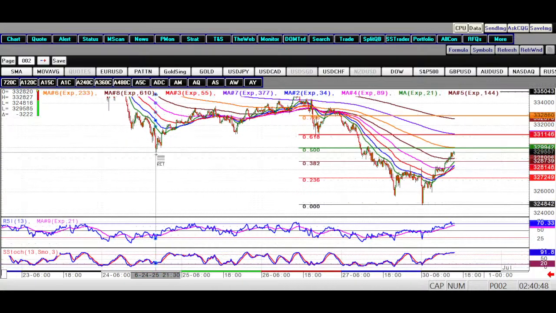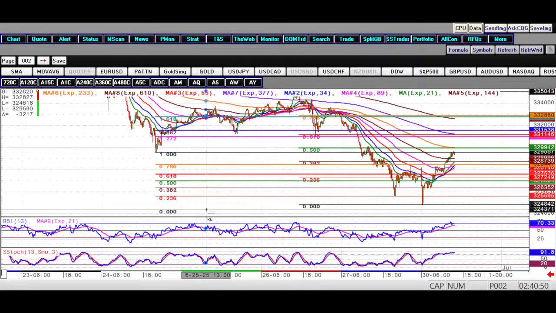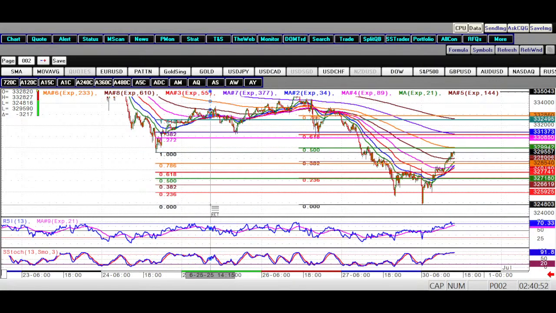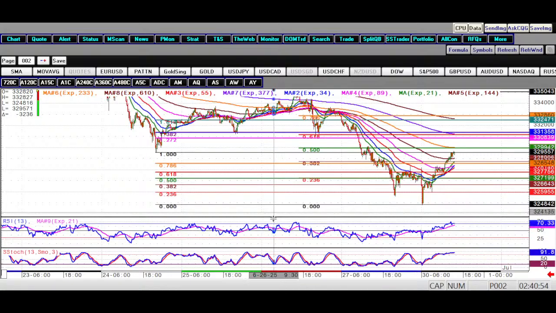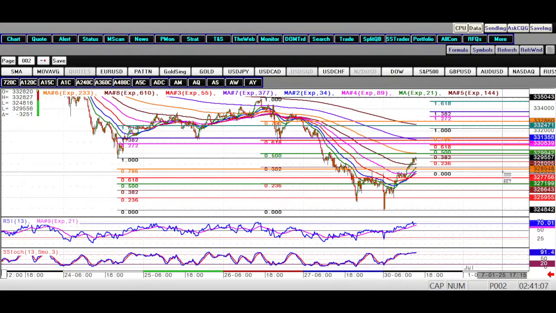Then again, from here to this low, this can be an extension of levels from here to here, so the price should not go above 3315 and 3324.